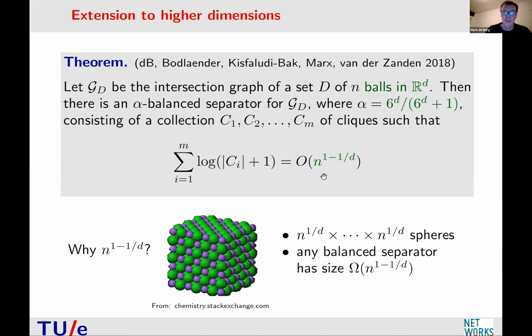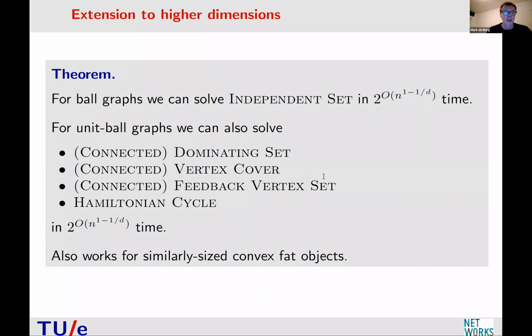Somehow, if it's balanced, then the number of disks inside should be linear. That's one way to think about it, but then the number of things on the boundary that you need to separate from the rest is going to be this n to the 1 minus 1 over d. And all of these results are actually optimal if you believe the exponential time hypothesis.